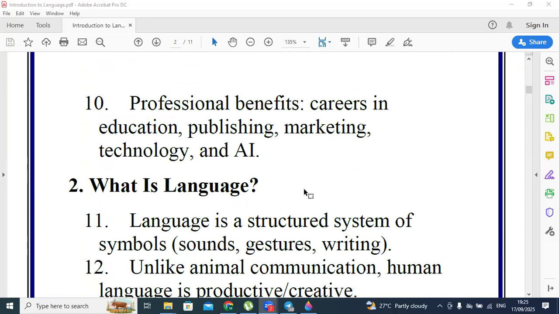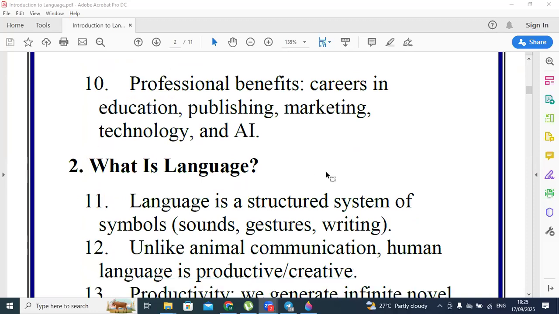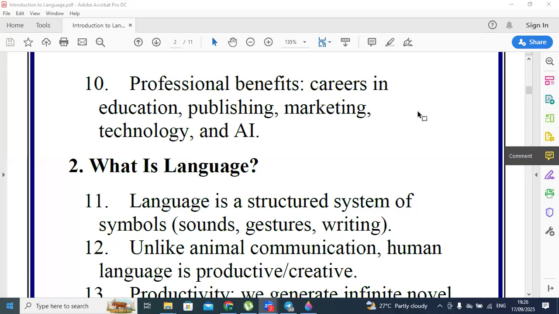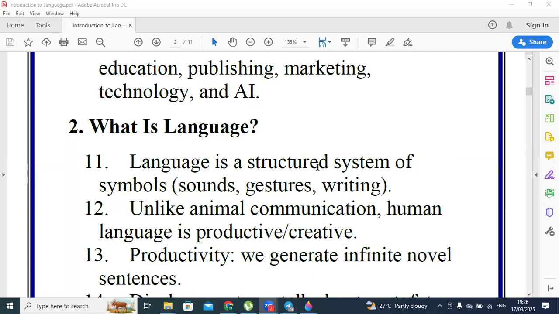What is language? Language is a structured system of symbols, sounds, gestures, writing. Unlike animal communication, human language is productive, creative.